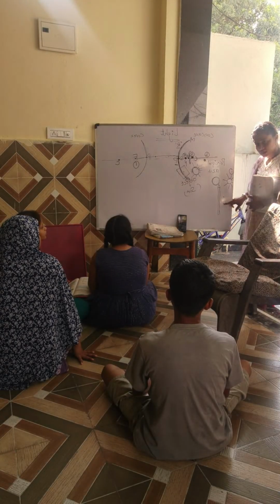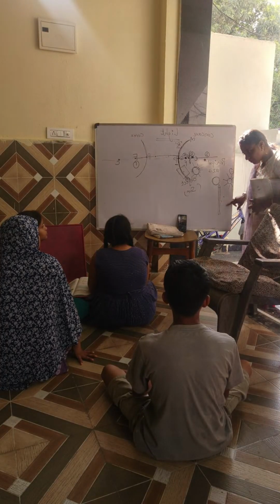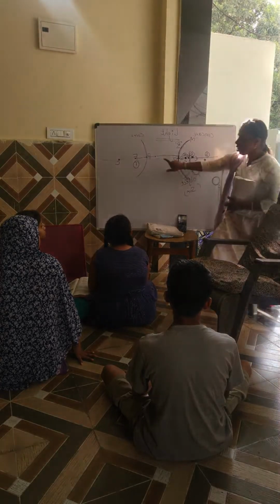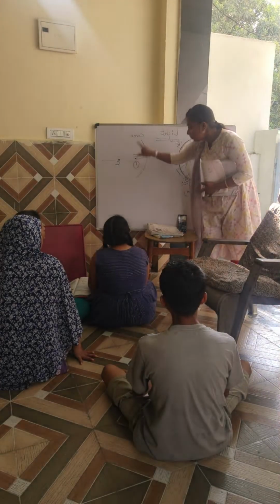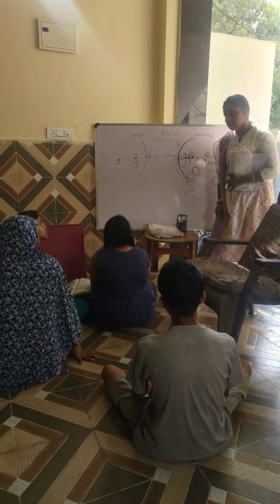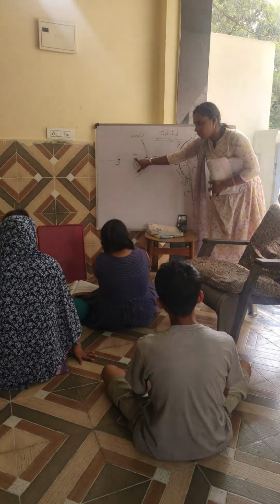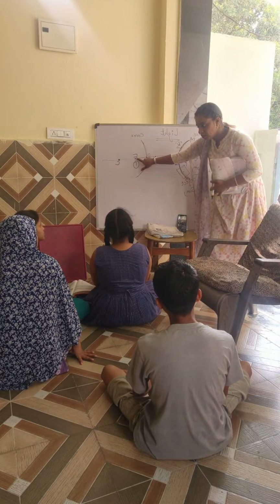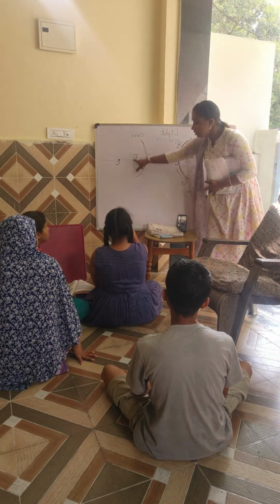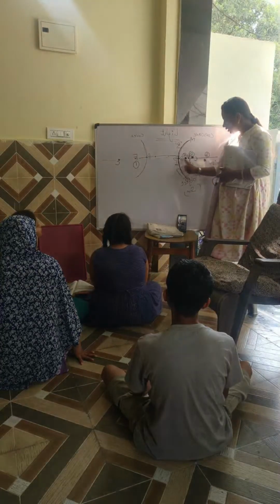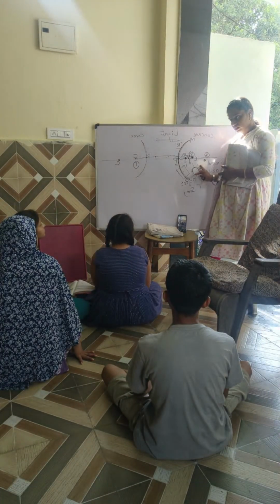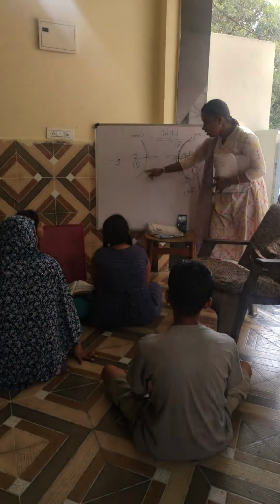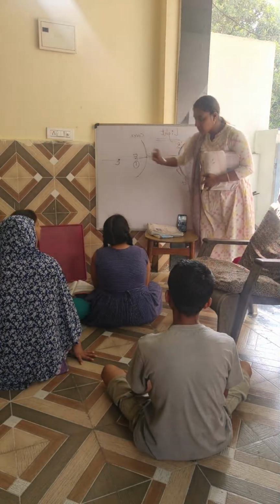In the first case, if I keep the object at infinity, the image is formed behind the mirror at the focus. Not here in front. Image is forming in front in the case of concave mirrors, but in the case of convex mirrors, the image will form behind the mirror.